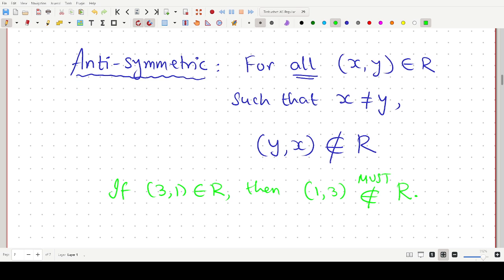If we find an element 3 comma 2, let's say, in R, and 2 comma 3 is also there in R, then it is not anti-symmetric.